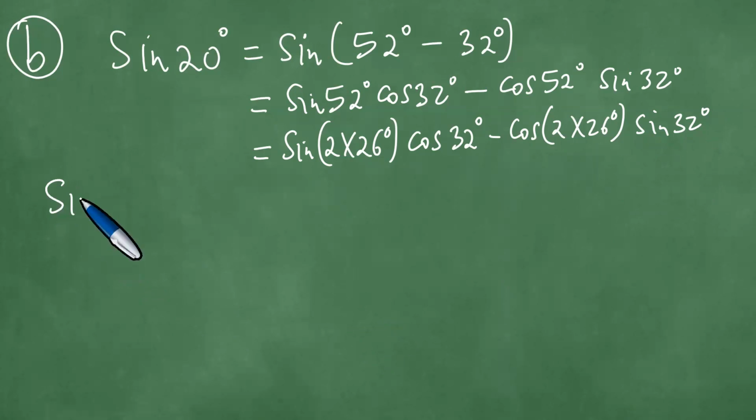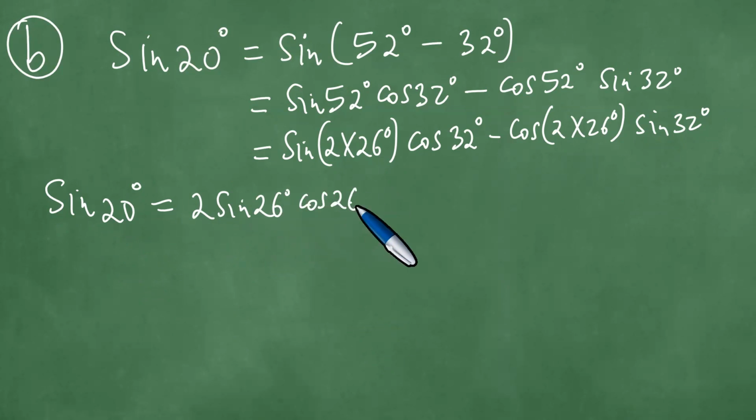From these, we have that the sine of 20 degrees. Now we use the double angle formula too. The sine of 2 times 26 is 2 sine of 26 degrees cosine 26 degrees, cosine 32 degrees.